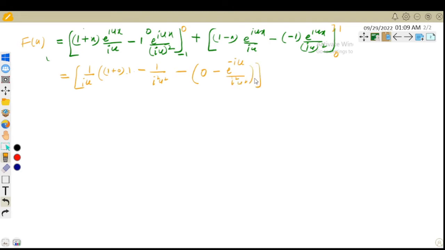So upper limit minus lower limit is over.